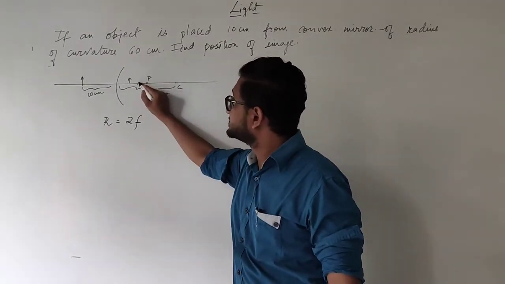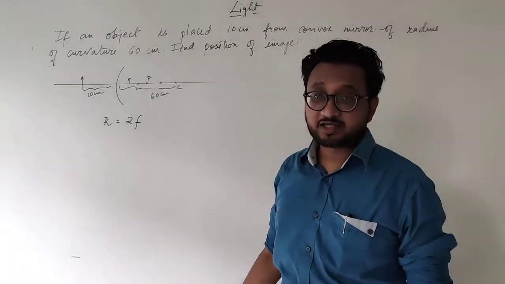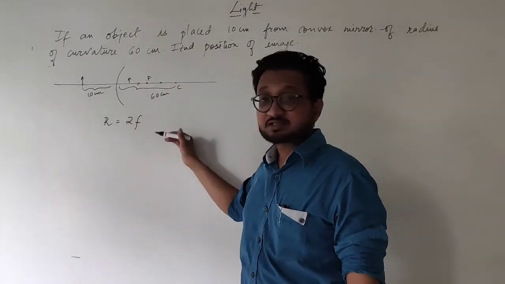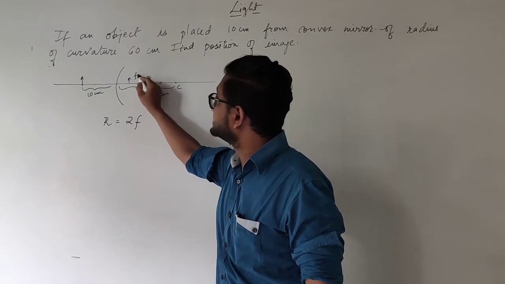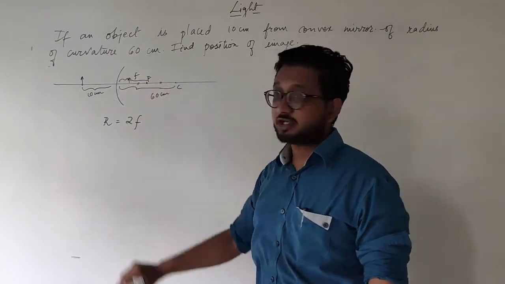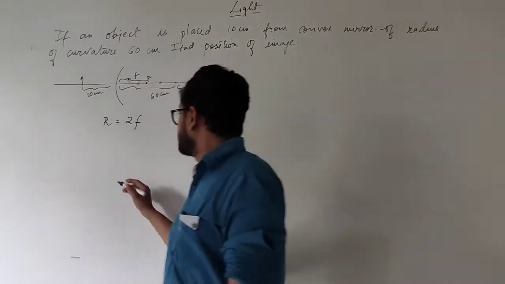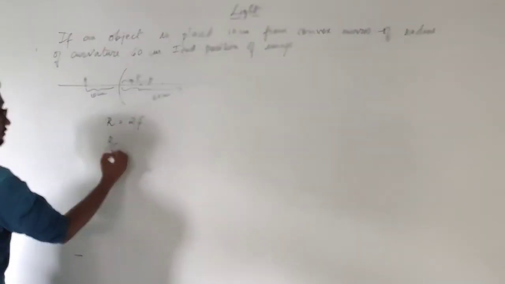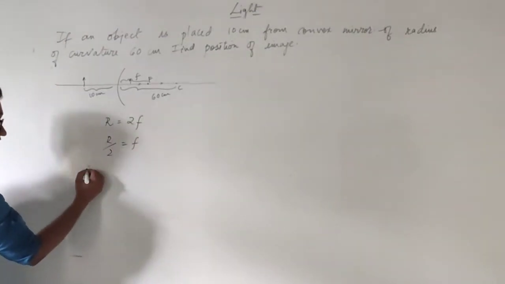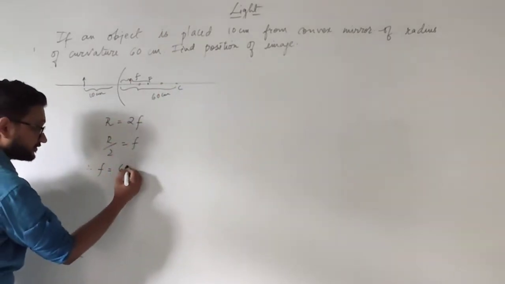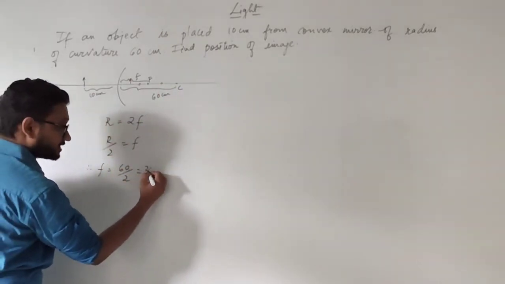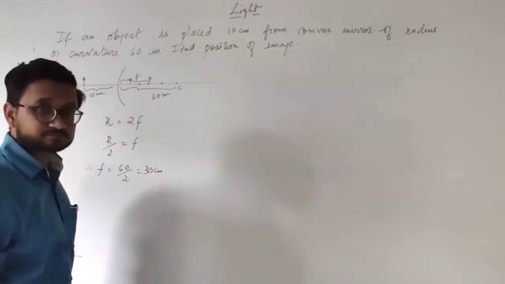That means this part and this part are equal. So you are going to do half of 60 centimeters in order to find the focal length. So this is your focal length over here. So r by 2 is equal to focal length, and therefore focal length is equal to 60 centimeters, given to you, divided by 2, which becomes 30 centimeters.